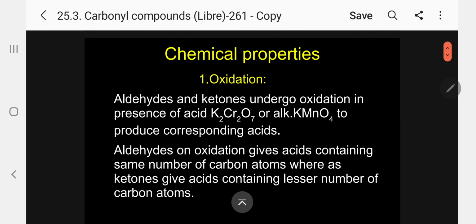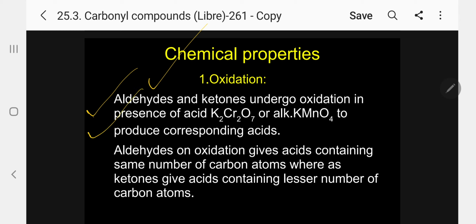Coming to the specific chemical properties, let me take first the oxidation of aldehydes and ketones. Aldehydes and ketones undergo oxidation in presence of acidic potassium dichromate or alkaline potassium permanganate to produce the corresponding acids.